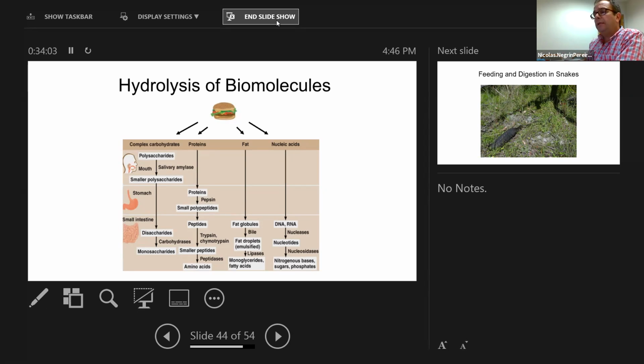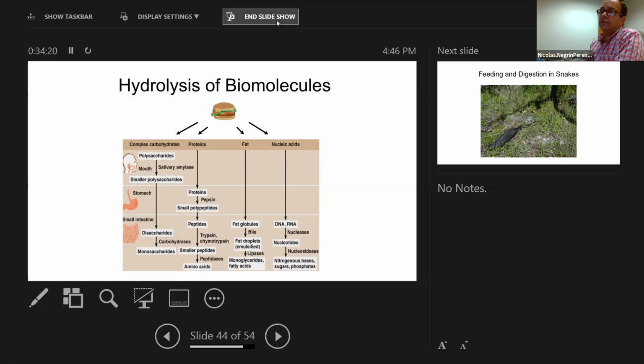In the case of protein, the main digestion will take place within the stomach through the action of pepsin acting on more complex protein, producing small polypeptides, which are going to be broken down into peptides.